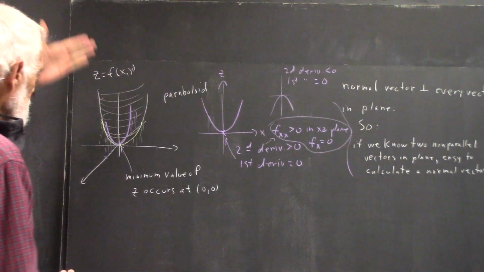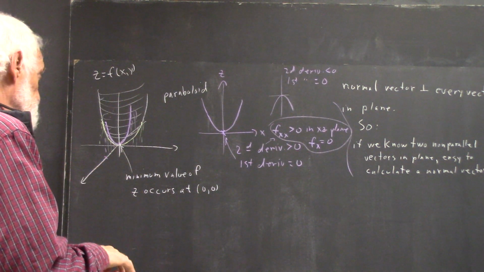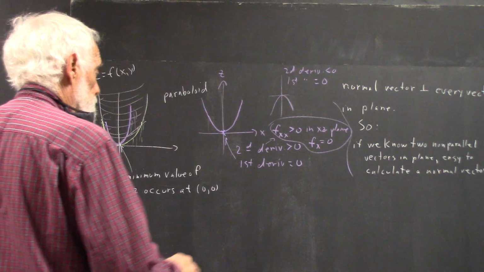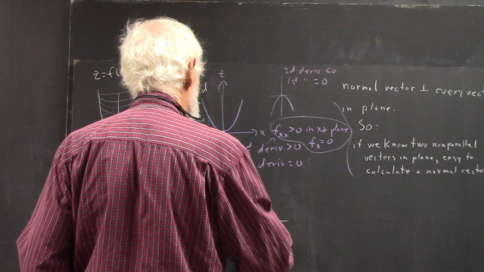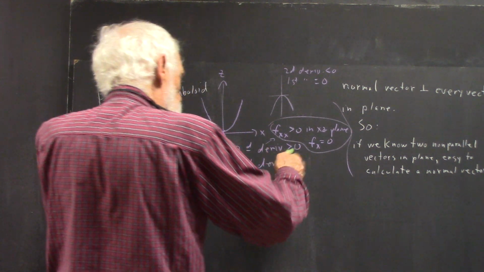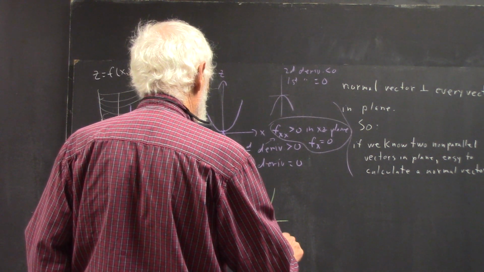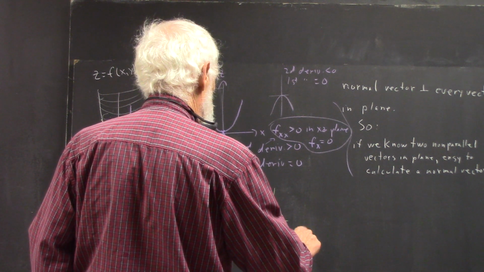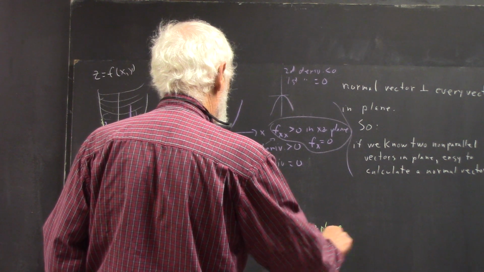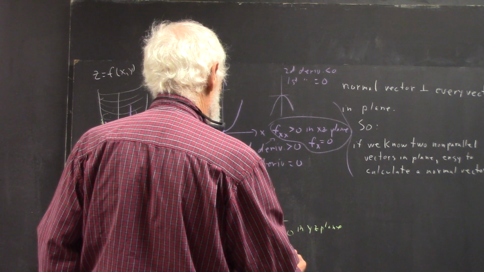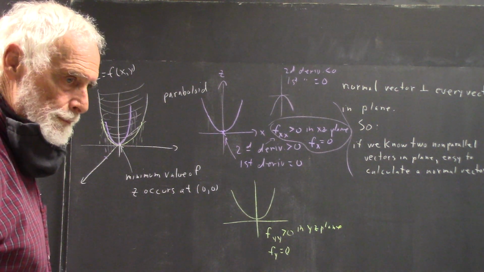So this parabola is like here, this parabola is like here. And we can then say, again without going into all the detail, we could say fyy is greater than 0 and also fy is 0.